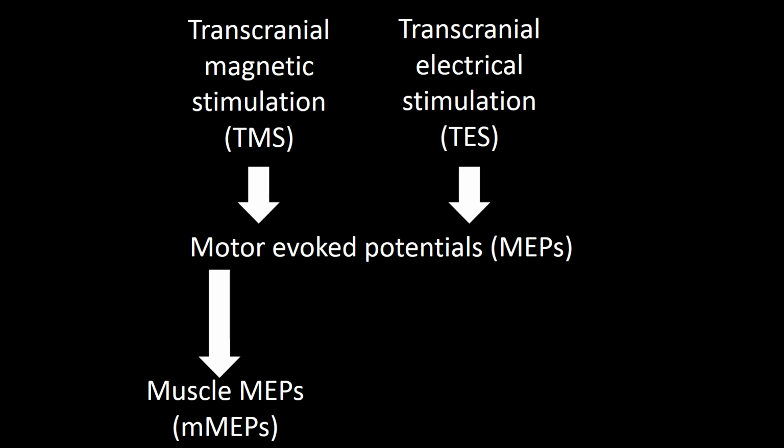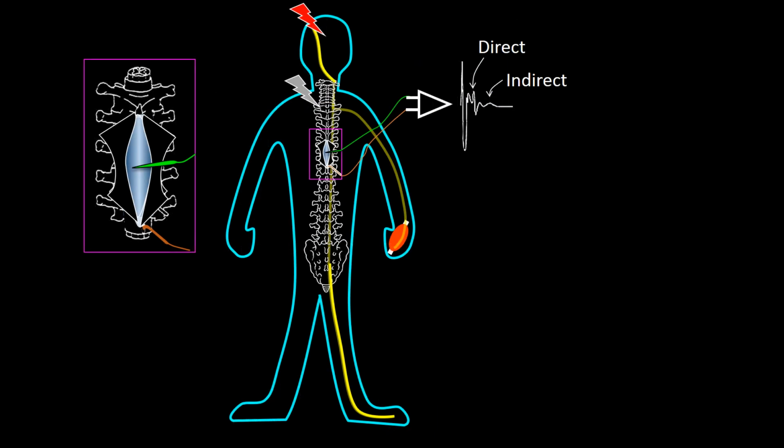When a motor evoked potential is recorded in the spine, the potential is labeled D for direct and I for indirect, that is D wave and I waves. So the D and I waves can be triggered by anodal electrical stimulation of the brain or cathodal stimulation of the spine proximal to the recording electrodes.